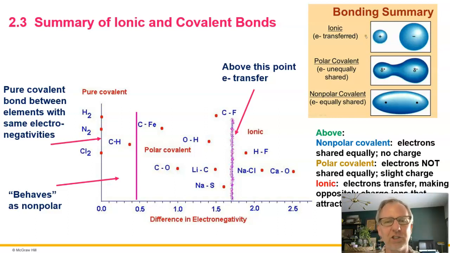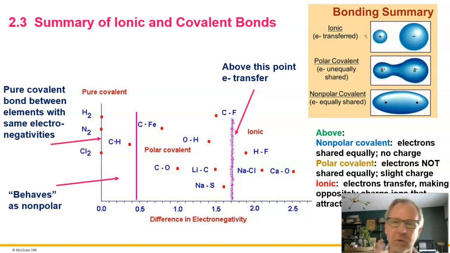It's in that range. Then if you look in the middle of the chart, difference in electronegativity from about 0.5 on up to 1.7, you see several examples there of polar covalent bonds between different elements.